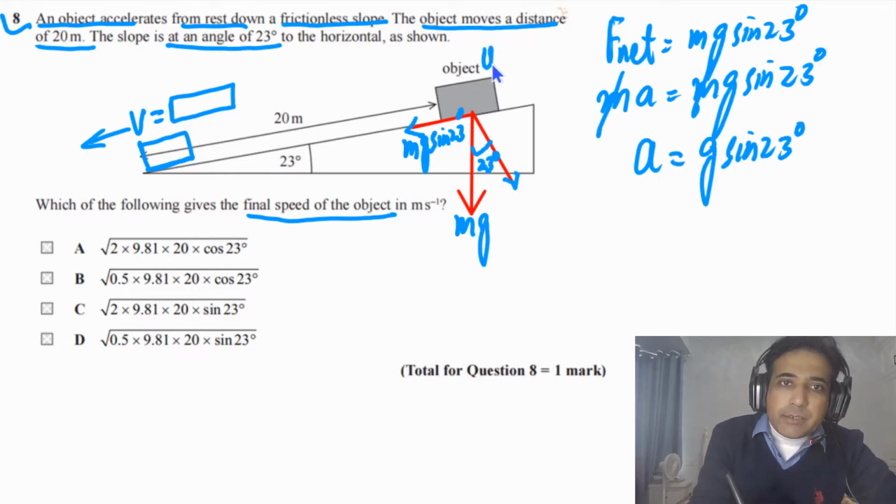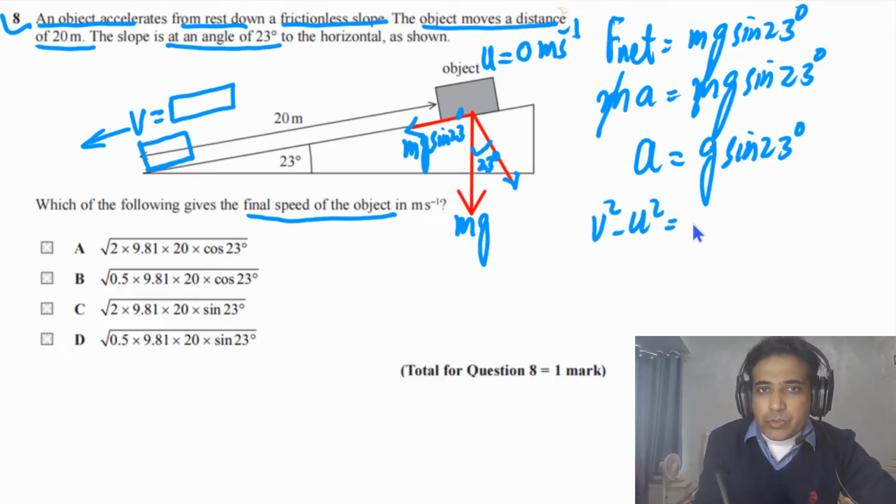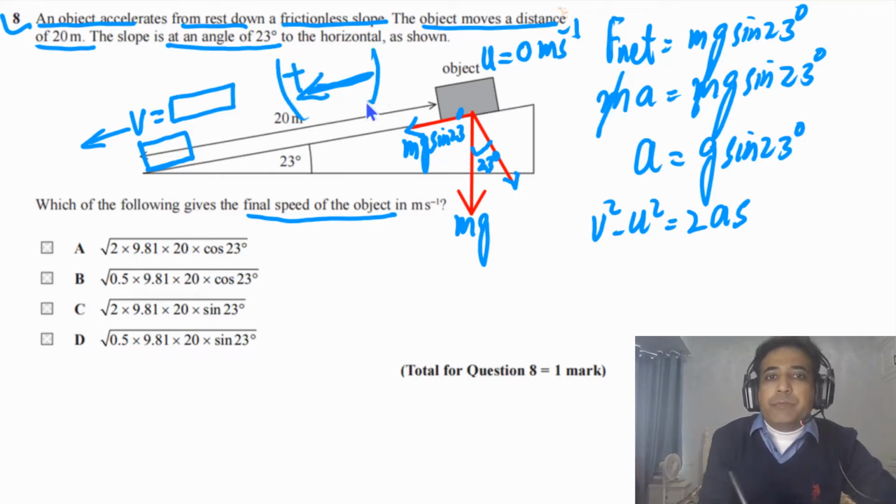This object started from rest, so u is equal to 0 meters per second, and acceleration is constant, so simply we can write v square minus u square equal to 2as, and in this case we are taking down the plane, this direction, as positive.